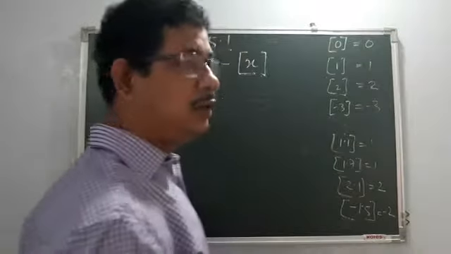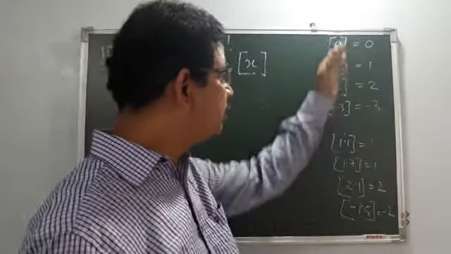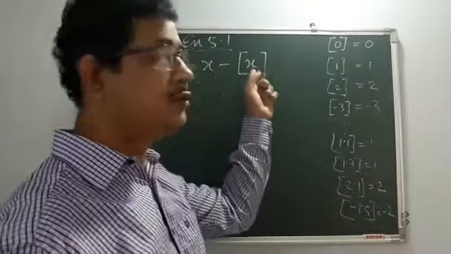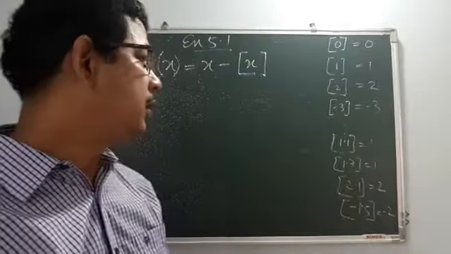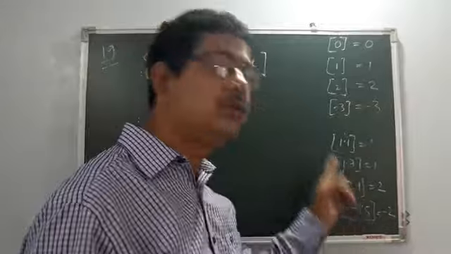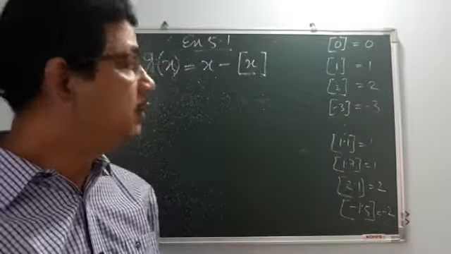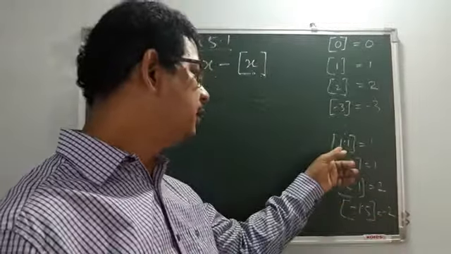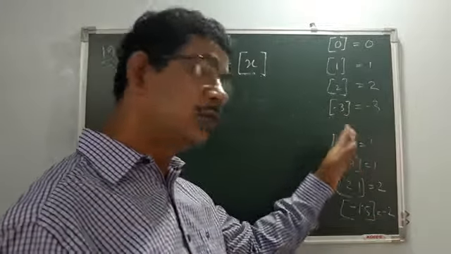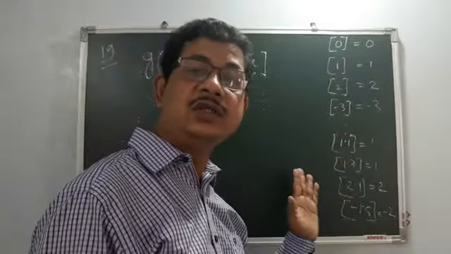If it is an integer, then its value remains the same. But if we put any fraction or decimal that is not an integer, then for 1.1, which integer comes just before it? 1.